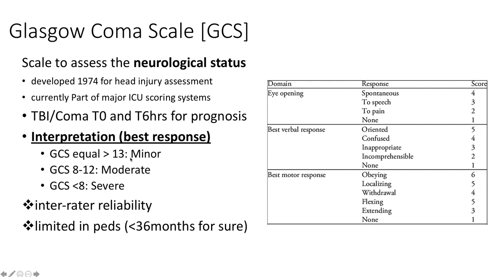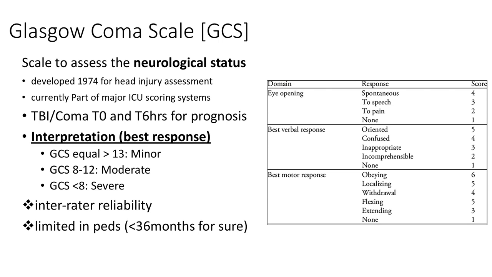Above 13, minor head injury, 8 to 12, moderate, and less than 8, severe. Actually, less than 8 also pretty much gives you an intubation indication, since with a GCS of 8 and lower, there is not really confidence that this patient has protective reflexes.